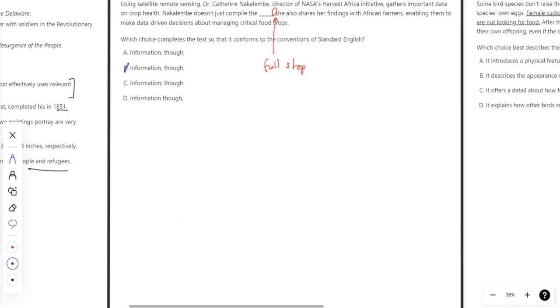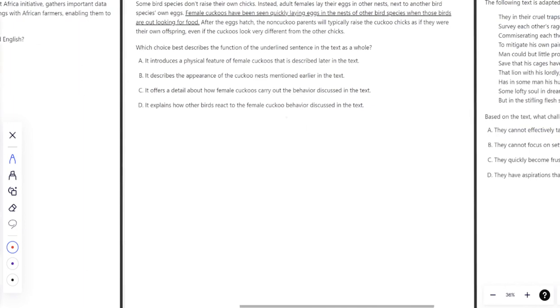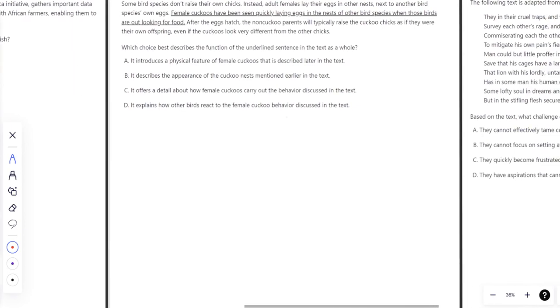So we rule out B and D. Between A and C, A is going to be the best choice. The word though should go with the first segment of the sentence, not the second one. So it's A.